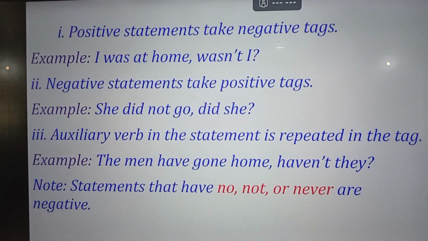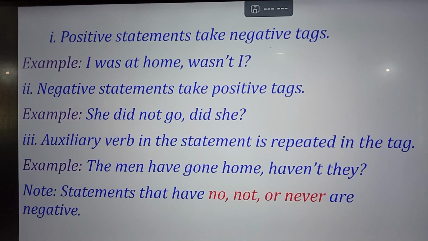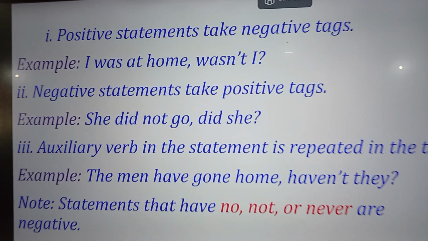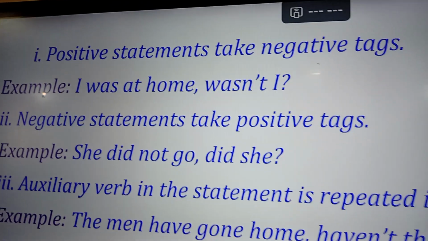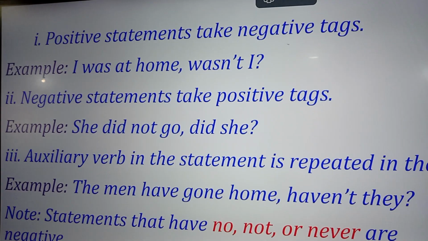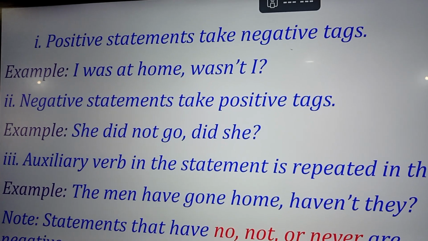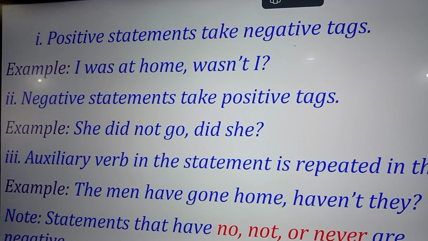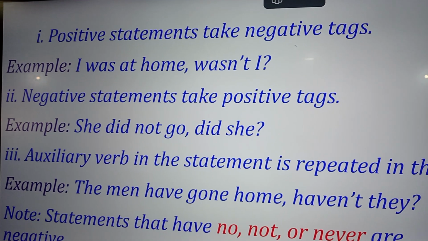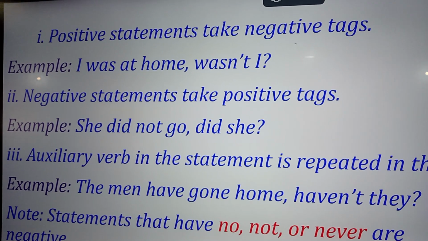There are some principles governing the use of tag questions. We're going to examine a few of them. First, positive statements take negative tags. What are positive statements? Statements that do not have no, not, or never in them are positive. I was at home is positive.